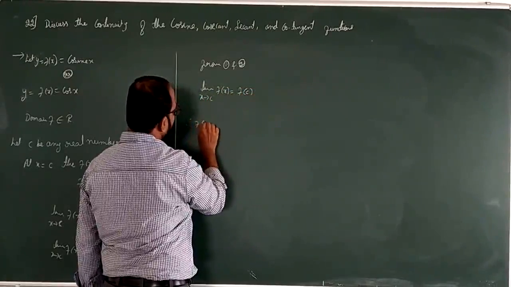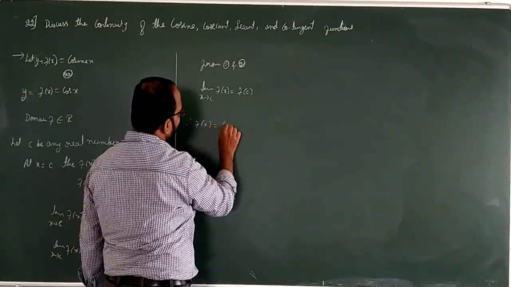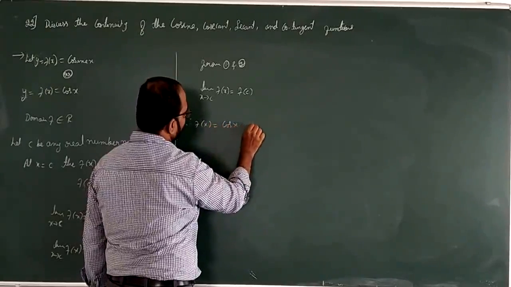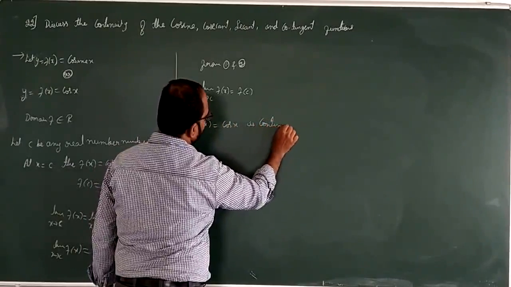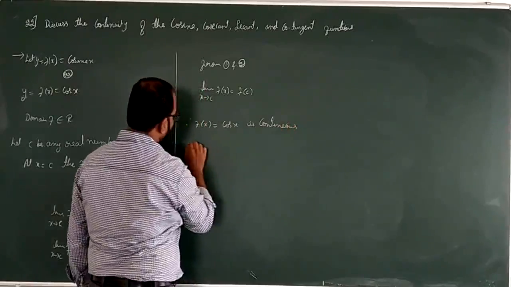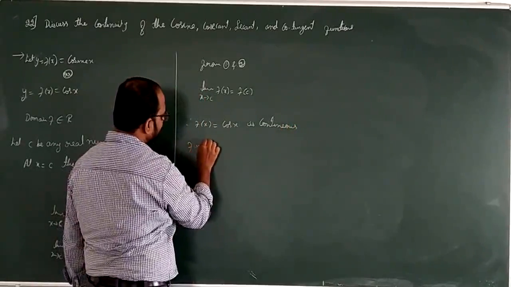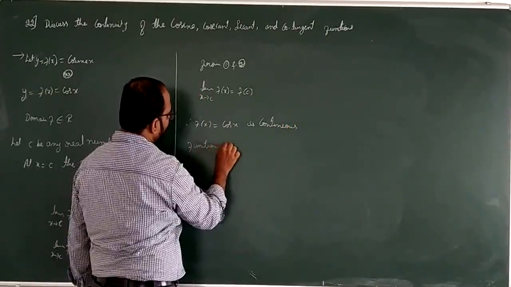Therefore f of x is equal to cos x is a continuous function at any real number.